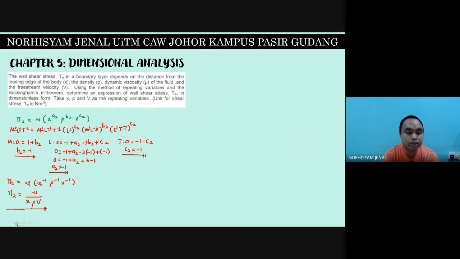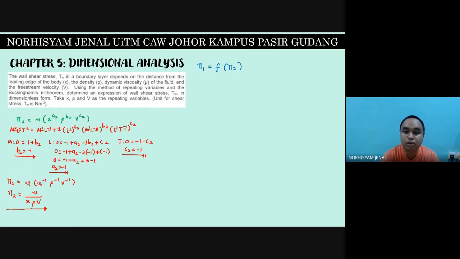Right, so the last thing to do is we need to collectively put everything in one equation. So pi 1 should equal to the function of, because we only have 2 pi, so pi 2. If we have more, we have comma, pi 3, comma, pi 4, comma, pi 5 and above. Okay, so we just fill in the numbers that we get before. So pi 1 is tau over rho v square.